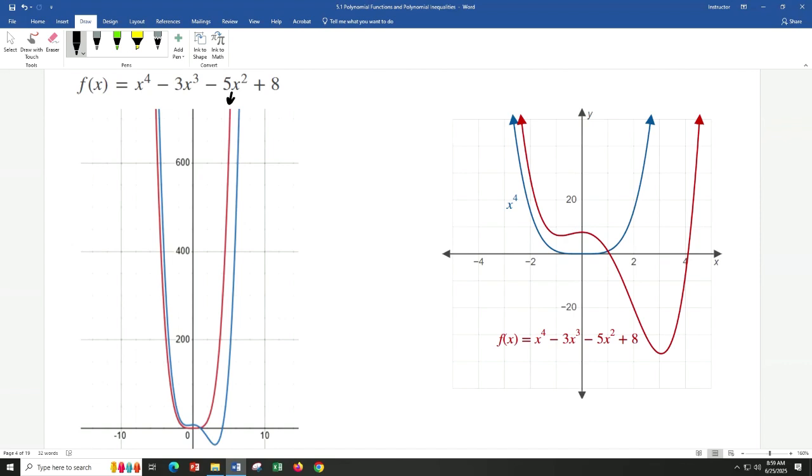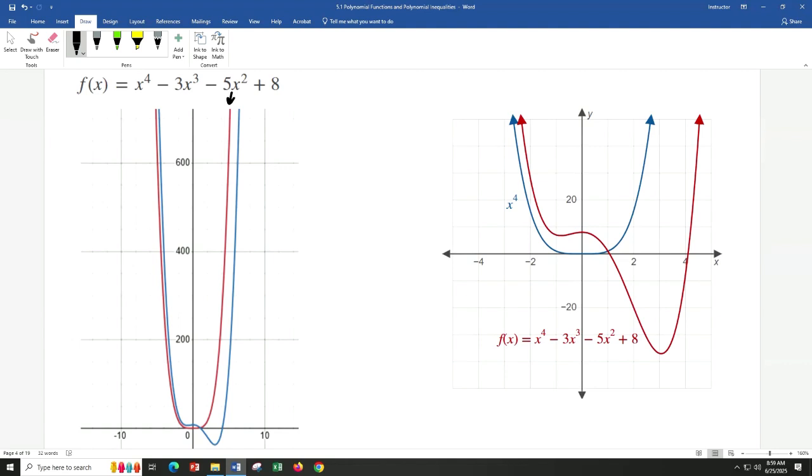But can you still see the essence, the direction that you just learned of that x to the power of 4 in this? X to the power of 4 has a positive leading coefficient, which means I'm going to get something doing this. It's a power of 4. It's going to do this. Is there some junk happening in between this part to this part? Yeah, look, we get a dip.